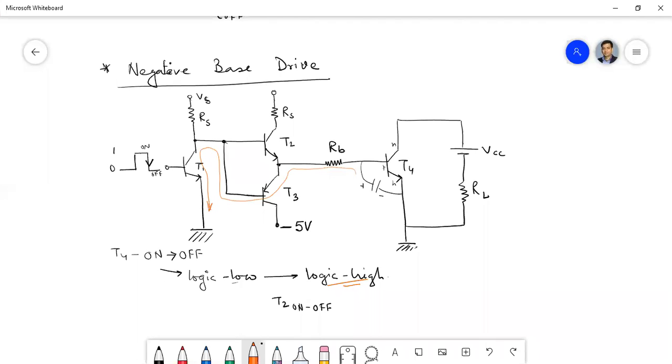By this, we can increase the switching frequency of our transistor. So this is one of the ways. This is called negative base drive. Is it clear?